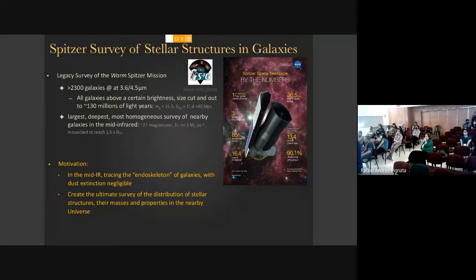They looked at this, but only out to redshift of 0.2, because they were looking at clusters. They were mainly interested in seeing whether the bar properties were different in different environments. But they did trace out to 0.2.